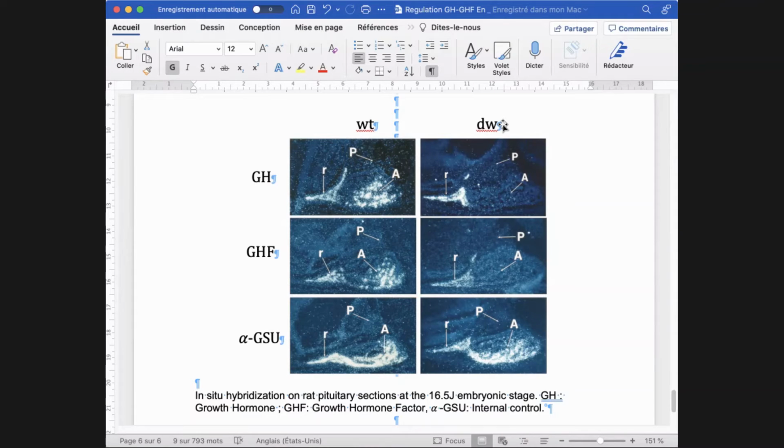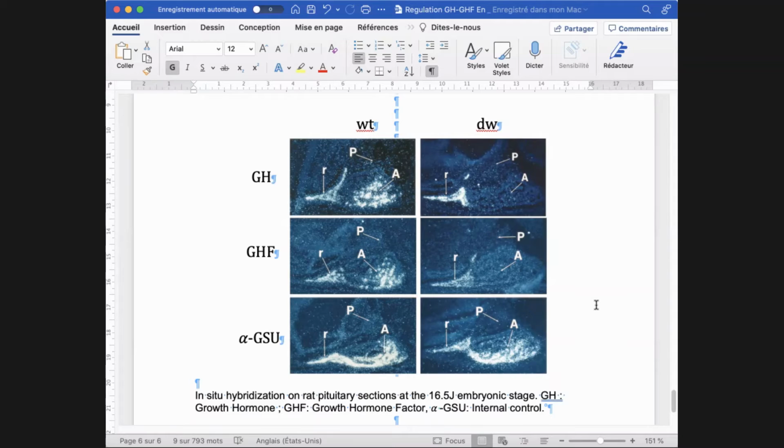You see? Do you understand the conclusion? And we see that the growth hormone is not expressed, the messengers are not expressed, because the mRNA of the transcription factor that is activating GH is not present as well.